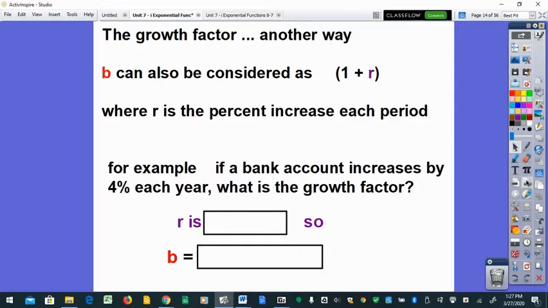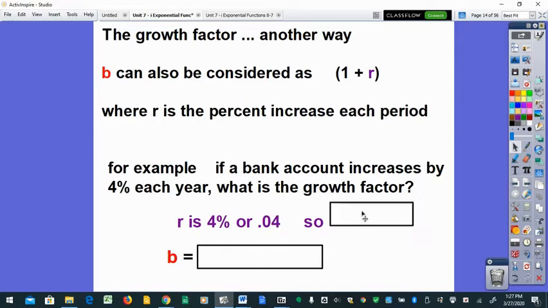So you might remember that that factor can be looked at another way. It's the number 1 plus a rate. So 1 represents that initial amount. You're keeping that initial amount and you're adding a percent to it. So for instance, if your rate was 4% that you were going to earn each year, you would change that 4% to a decimal.